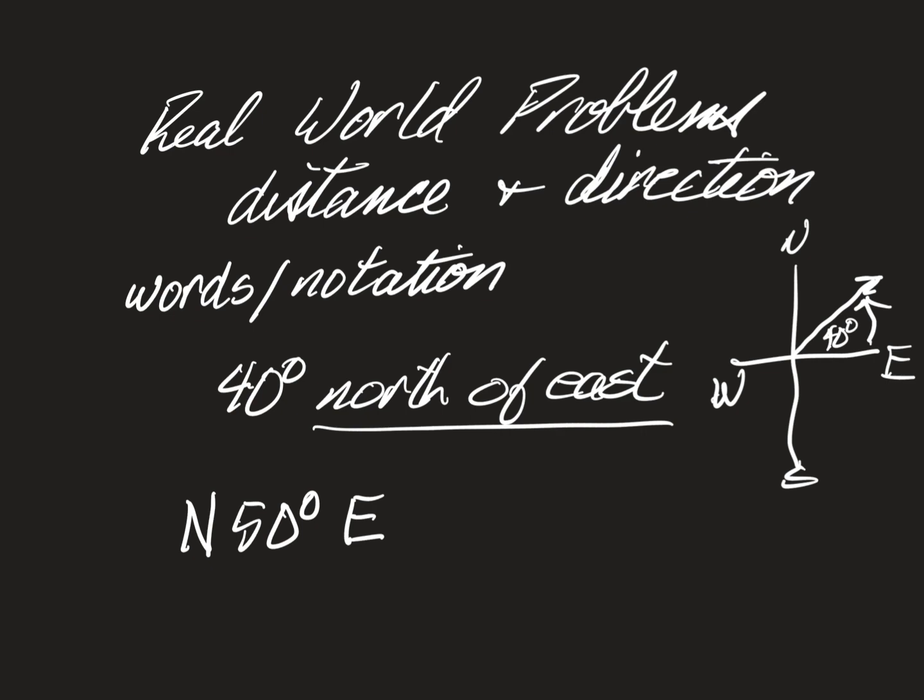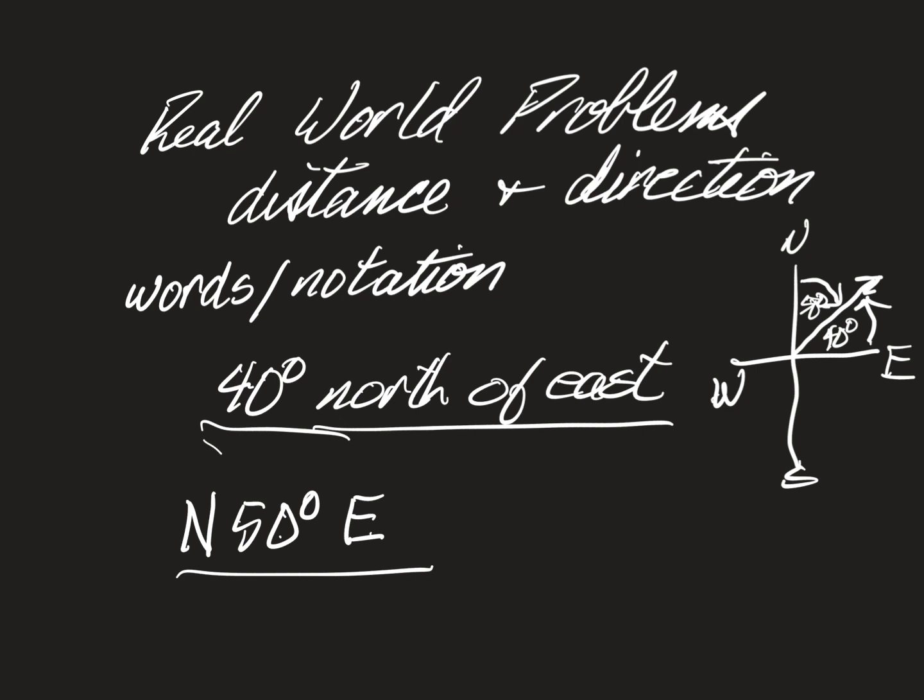Which means we're going north and then we go 50 degrees towards the east direction. Now notice how these are complementary in the way they're written. Okay? So north 50 degrees in the east direction. Got it? That's how you take compass headings.